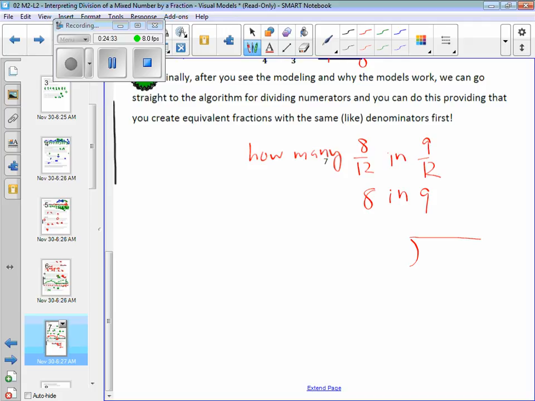Ready? 8 goes into 9 how many times? Wake up. Thank you. How many left over? Ready? Remainder over divisor. 1 and 1/8.